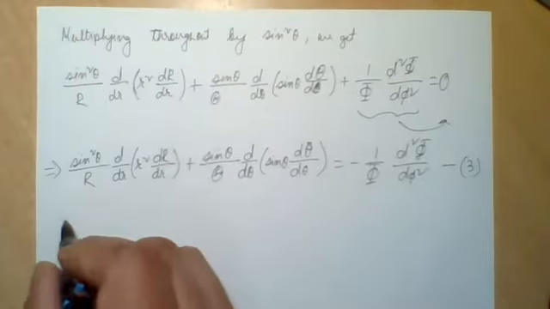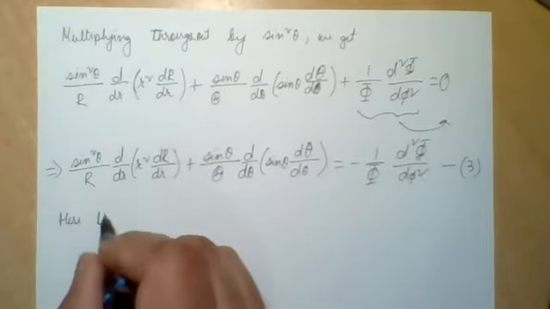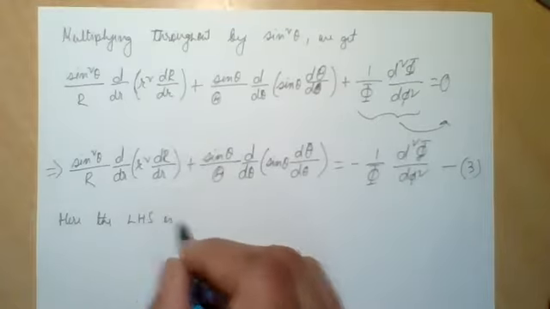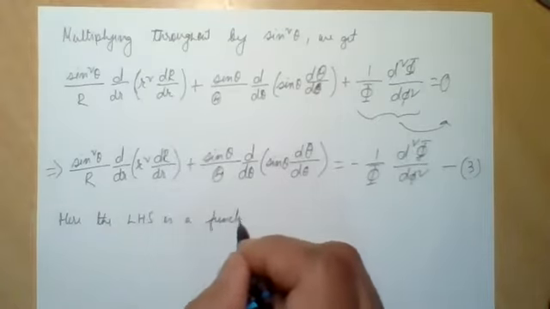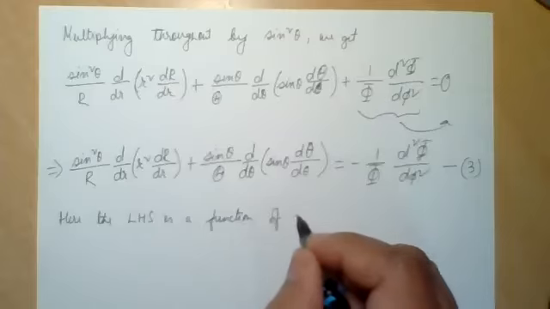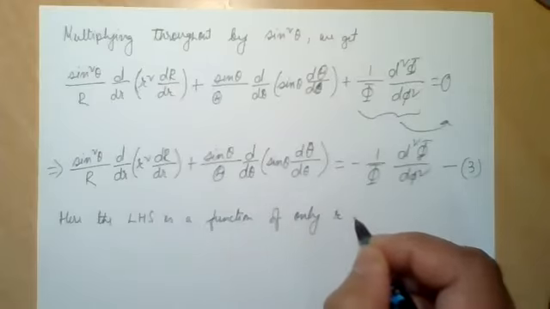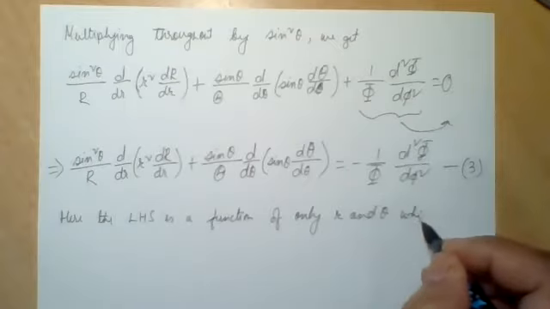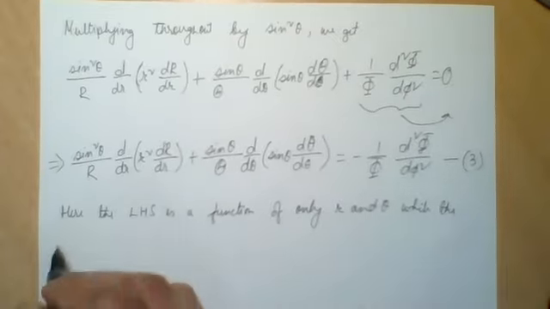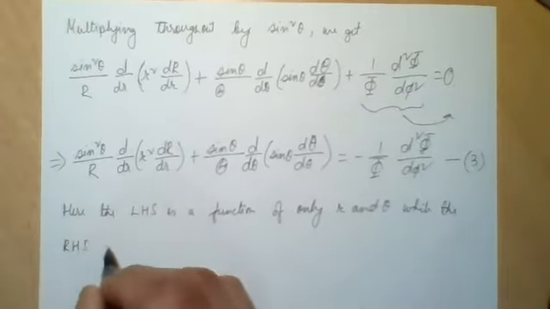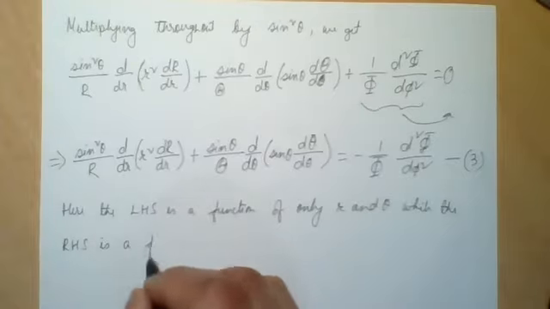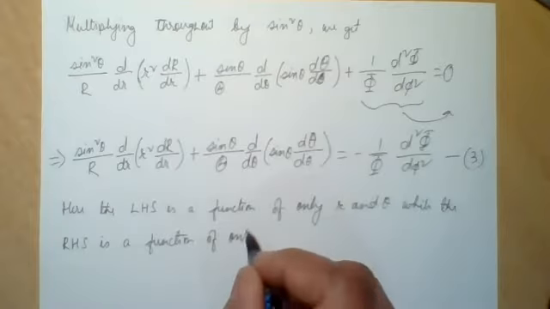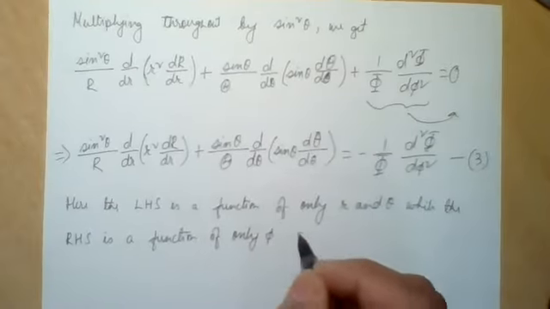So here, the left hand side is a function of only small r and small theta, while the right hand side is a function of only small phi.